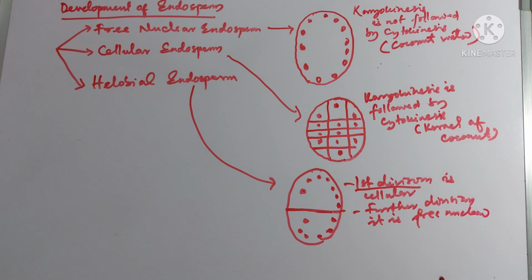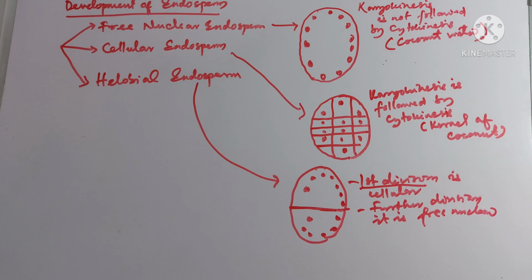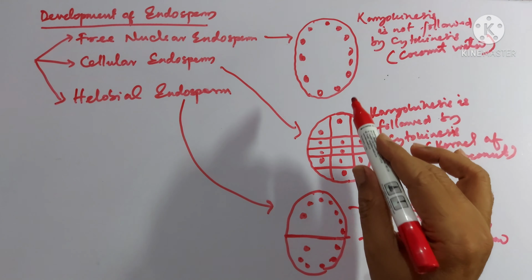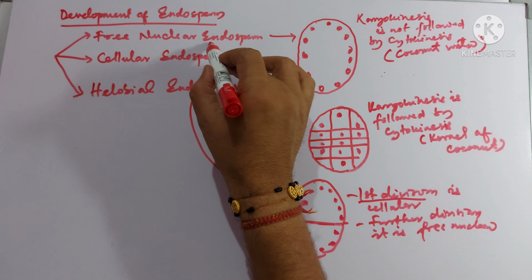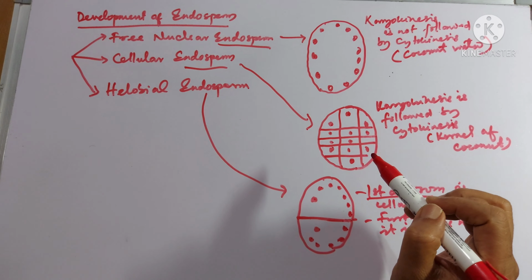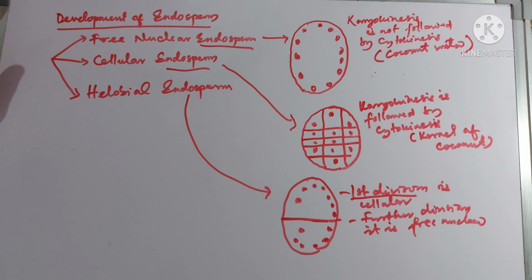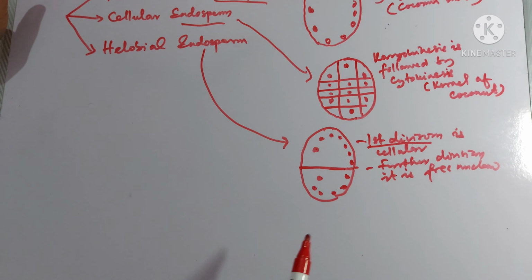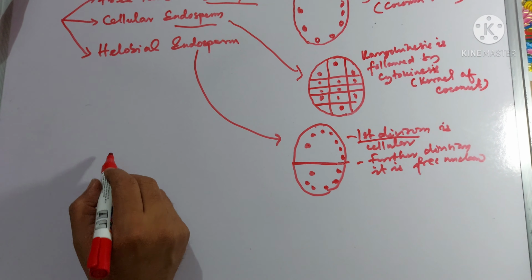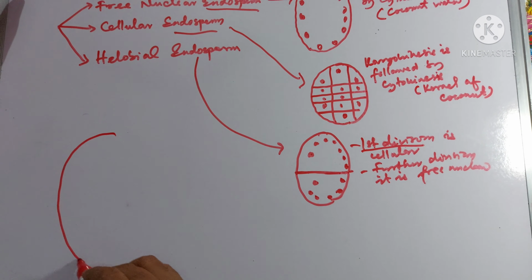Or we can tell this is the combination of free nuclear as well as cellular types. In this way the endosperms are produced, and they behave as the nutritive tissue consumed by the developing embryo.